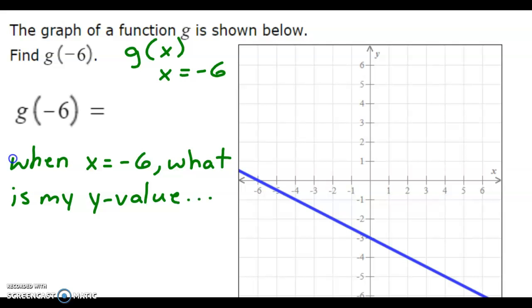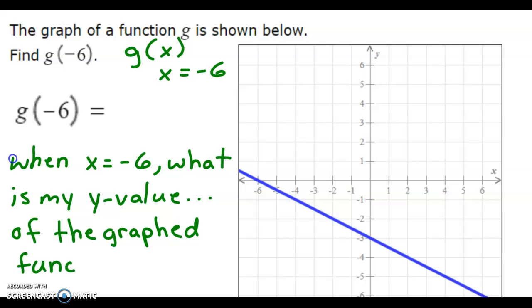I suppose I could add in the thought of the graphed function. So when we have x of negative 6, okay, these are all the different values where x is equal to negative 6.